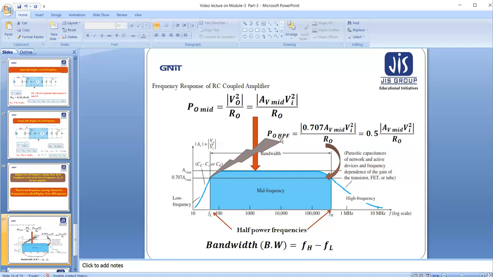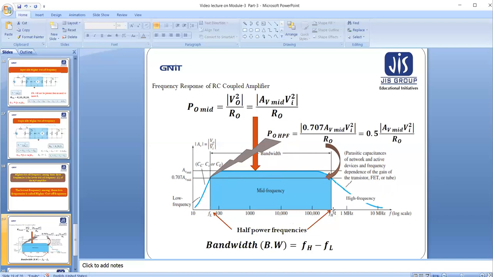Now, what stands for P0 HPF? At this particular point, the power will be half of the mid frequency range. That's why this is called the half power frequency, that is HPF.